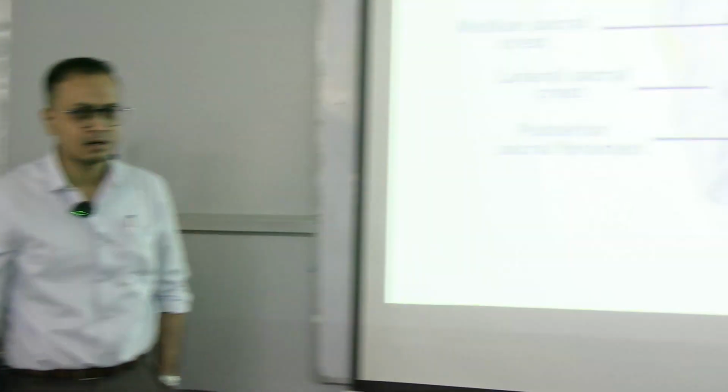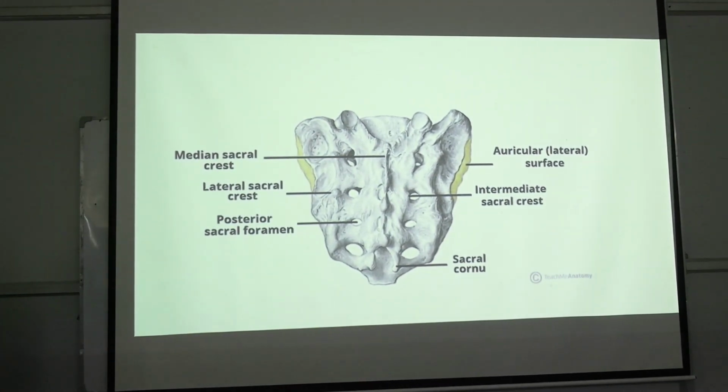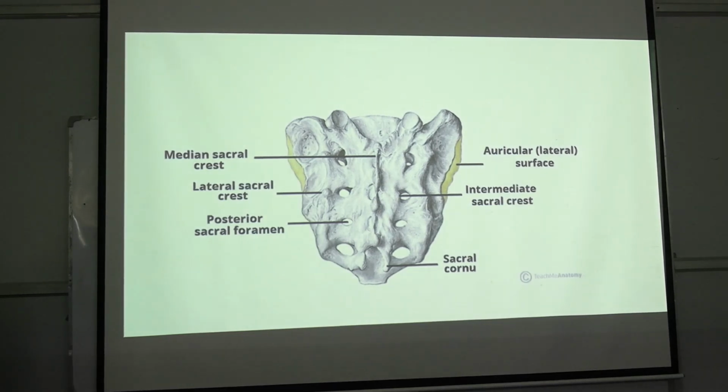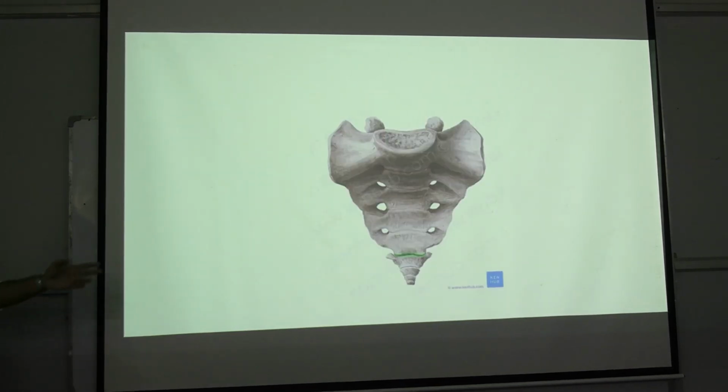How many crests are there anteriorly? There is not a single crest. It is clean shaped. What is there anteriorly? There are transverse ridges, there is the promontory. Clear? The difference between crest and the other thing.